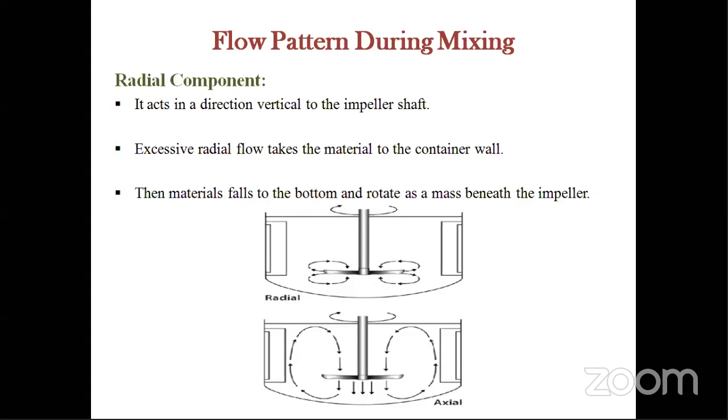So during mixing the radial force increases, and at that time the product sticks on the wall and the baffles clean or clear the sticky material from the wall and it comes again into the impellers. So that's how we can carry on the mixing process, and this is the flow pattern that happens during mixing. In this mixing process, you also maintain an optimized speed.